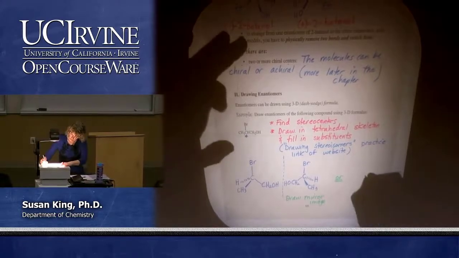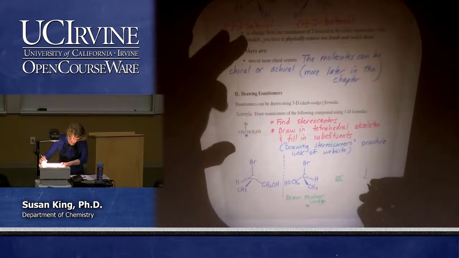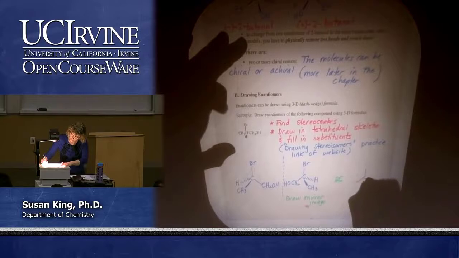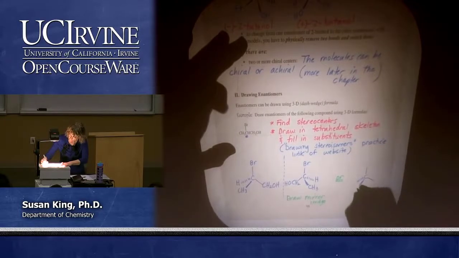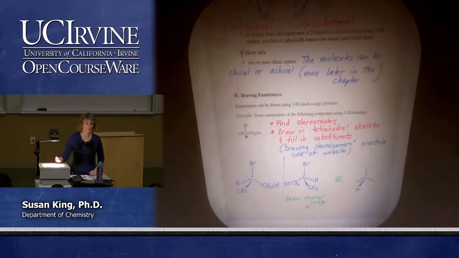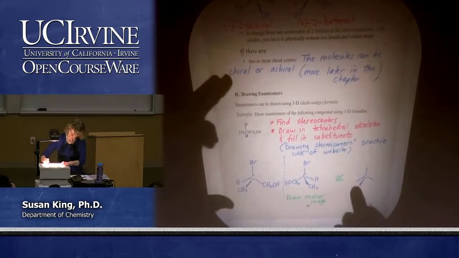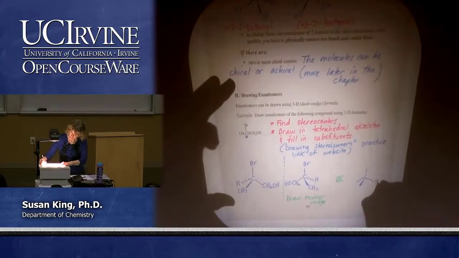All right, so I'm going to redraw it the way I originally had it. There's my skeleton. Which groups do you want to switch? Bromine and CH2OH. Okay, we'll put bromine here and CH2OH here.